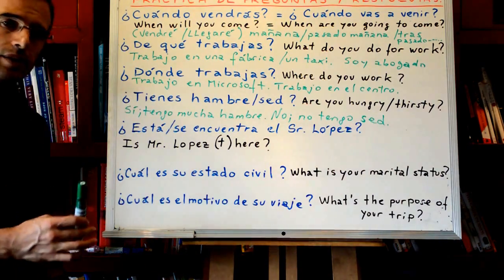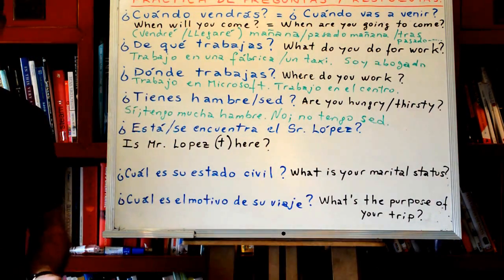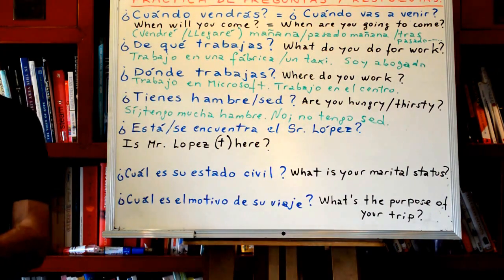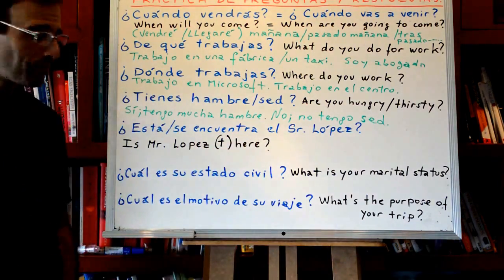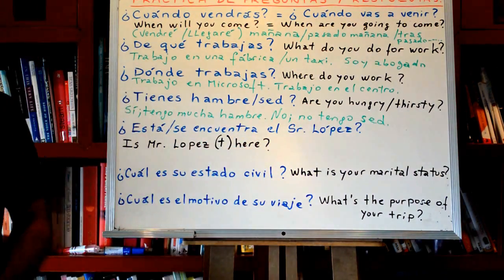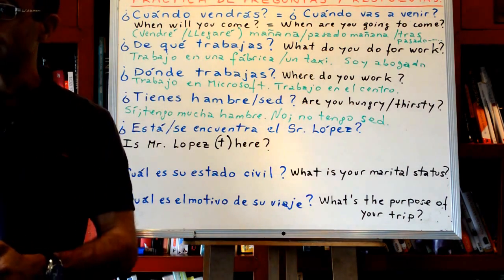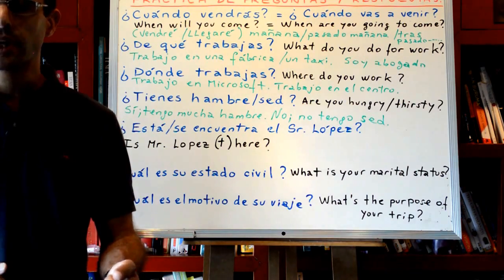So, literally, está is the verb estar. It's like using the verb to be. Is Mr. Lopez here, okay? And encontrarse. Okay, encontrar. Remember that in Spanish we have reflexive verbs, okay?